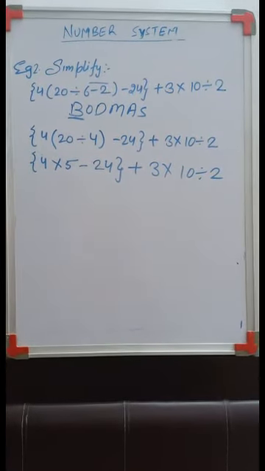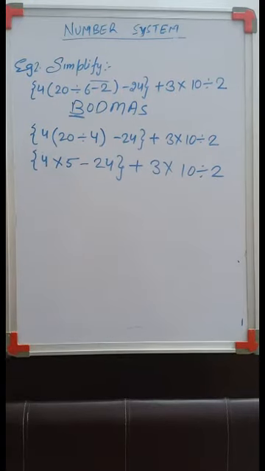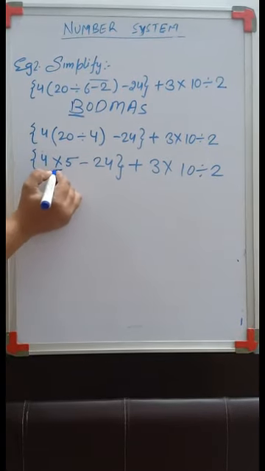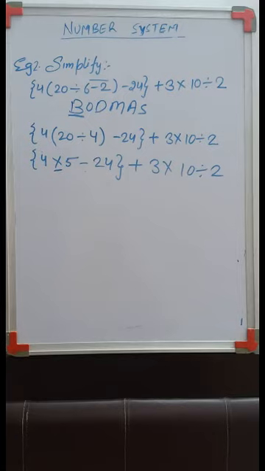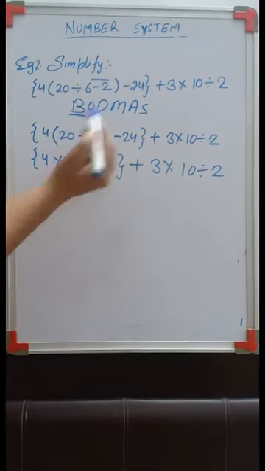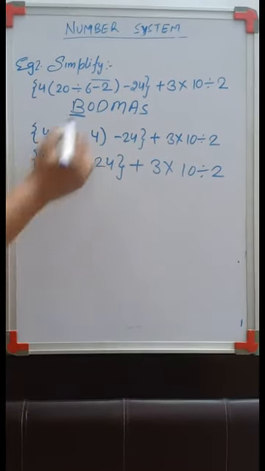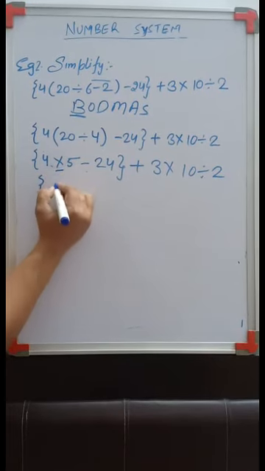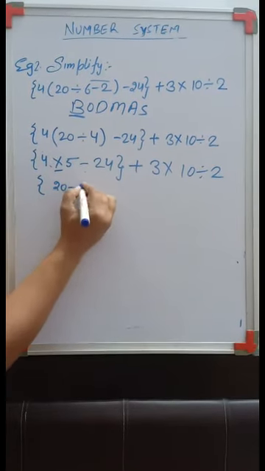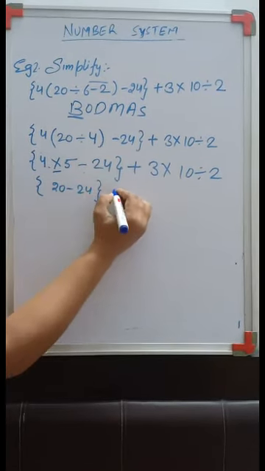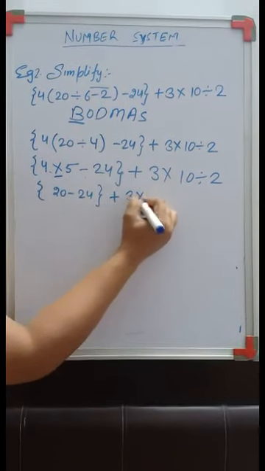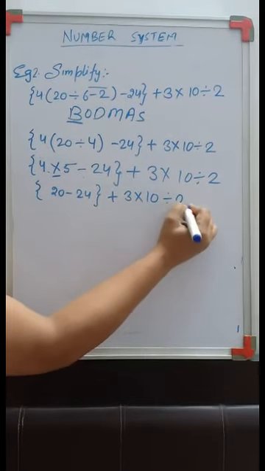Next and last we have the curly bracket, but over here we have two signs: one is multiplication and next is subtraction. According to BODMAS, what is first? The multiplication, right? So we will solve this first. So 4 into 5 is how much? 20 minus 24, curly bracket, plus remaining terms as it is.